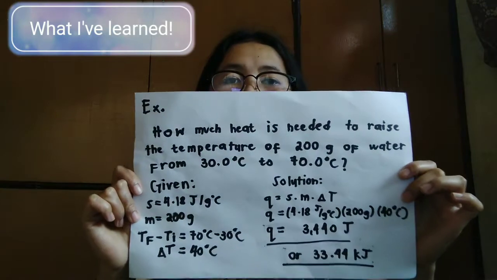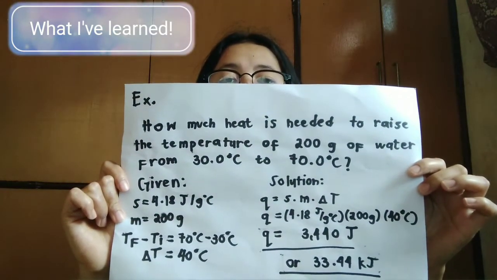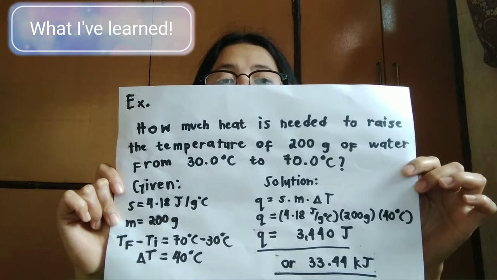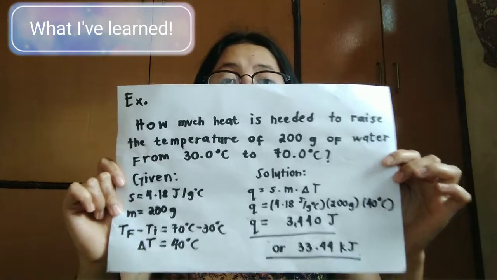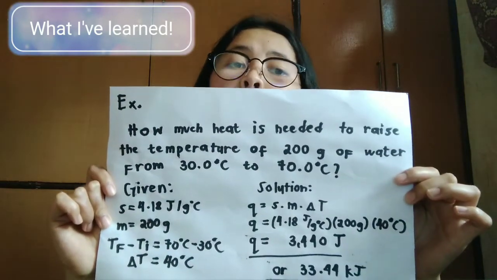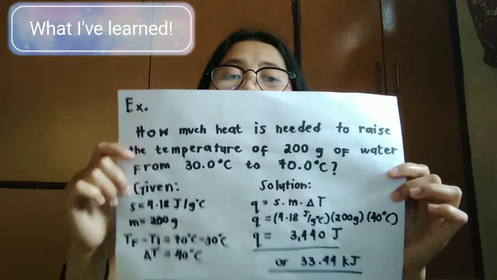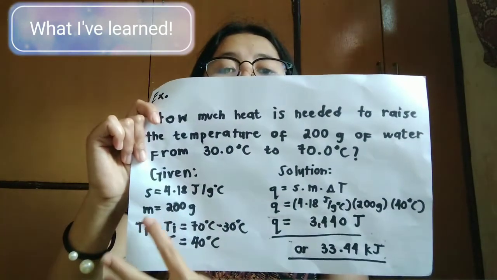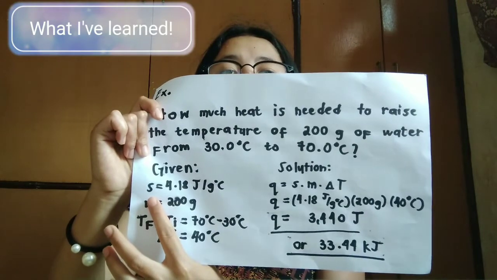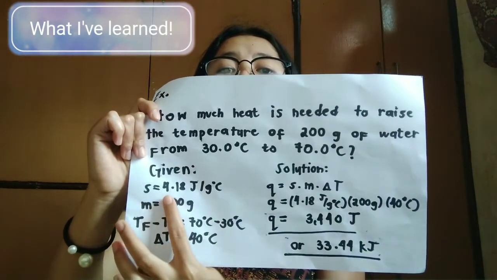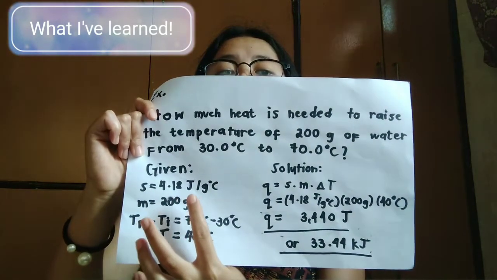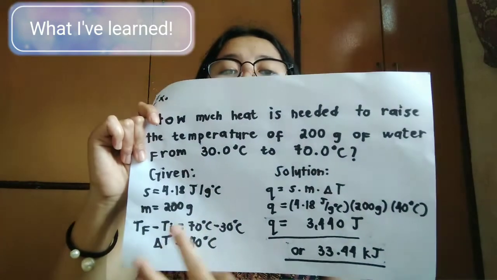We have an example here. How much heat is needed to raise the temperature of 200 grams of water from 30 degrees Celsius to 70 degrees Celsius? We have here the given. The specific heat capacity is equal to 4.18 joules per gram degrees Celsius.